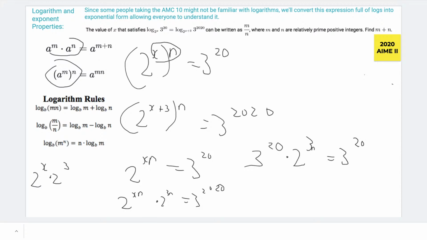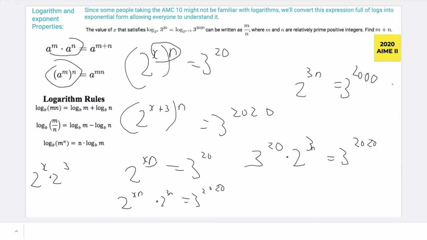Now if you divide both sides by 3 to the power of 20 to isolate the variable term, the exponents just subtract out. So 2 to the power of 3n equals 3 to the power of 2000. Now you might be wondering how you're supposed to solve the problem, but remember, we want xn.